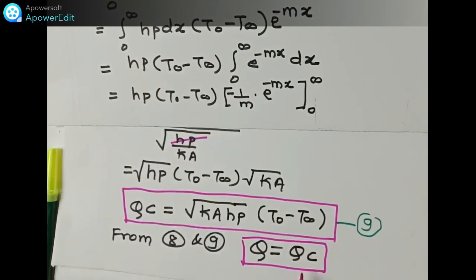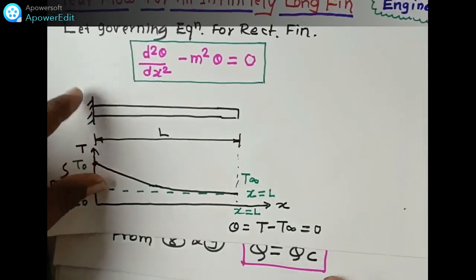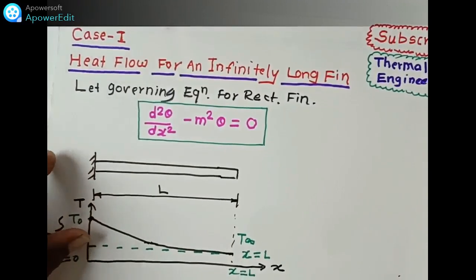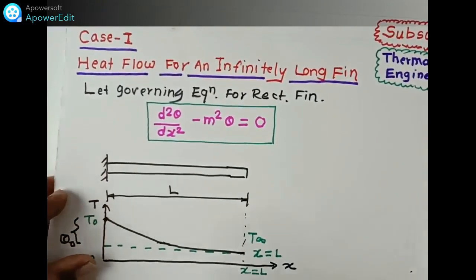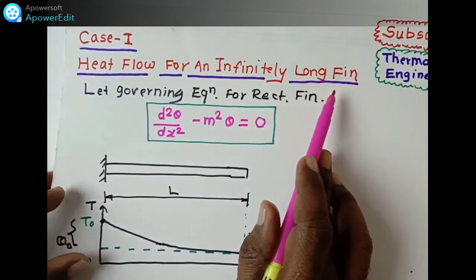Both are same. So in this way we have seen here in this case heat flow for rectangular fin, that is case 1, heat flow for an infinitely long fin.